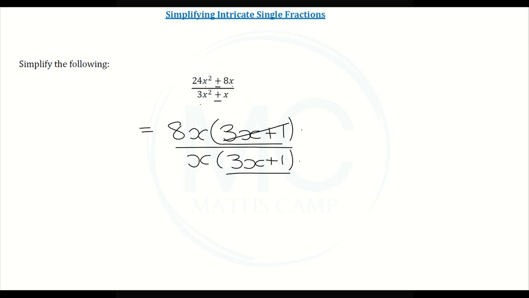So we can cancel these brackets out, and we're left with 8x over x. Now we have 8x over x. They are single terms. In the numerator and the denominator, we both have x values. So these cancel out, and we're left with 8 over 1, which is simply 8.